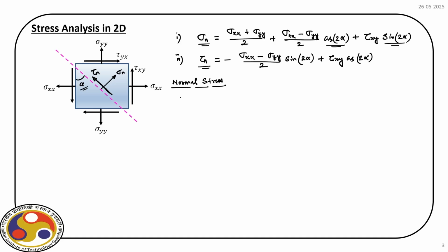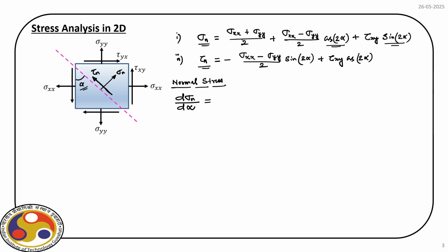What we will do is differentiate equation 1 with respect to alpha, d sigma n d alpha, and equate it to 0. If we do that, we will get the value of alpha for which this sigma n is maximum. Let us first find the expression of the first derivative of sigma n with respect to alpha.